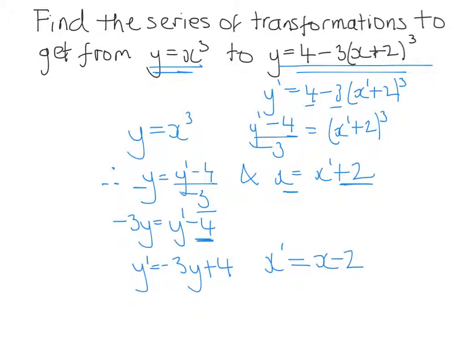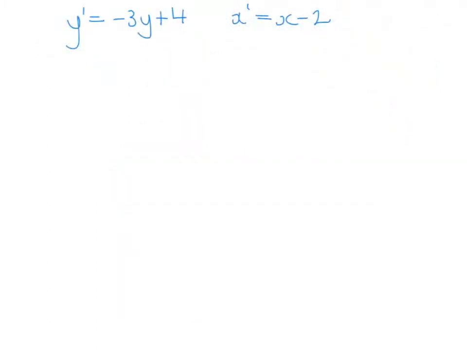Alrighty, so let's see. If I were going to list all these, I might do it on another page. Okay, so what's happened here? Well, the y has been changed from a positive to a negative. That would mean, number 1, it would have to be a reflection in the x-axis.